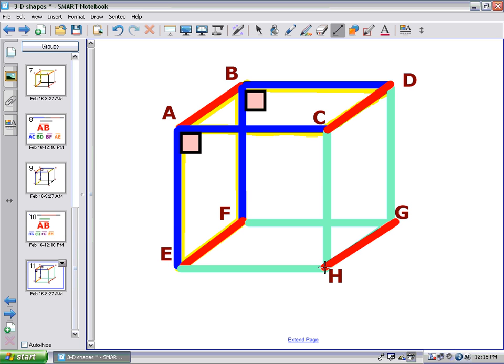So from A to B, C to D, G to H, F to E, all of these are parallel. And then what I have is I have my perpendiculars, B to D, A to C, A to E, and B to F. Now, what's highlighted in green, these are what's left. D to G, C to H, F to G, and E to H. Notice they are not in the same planes as AB, and they are not considered parallel to AB.